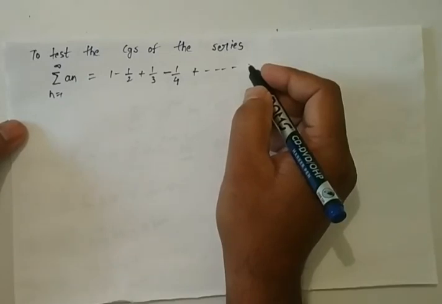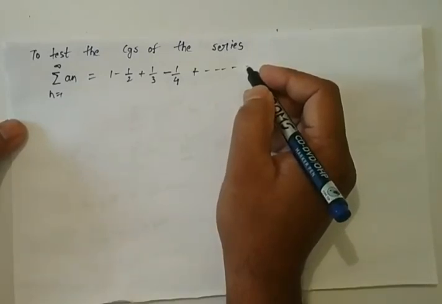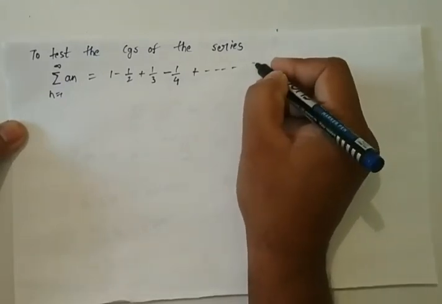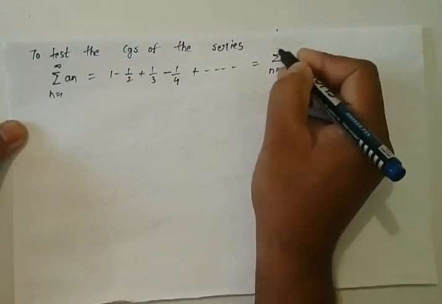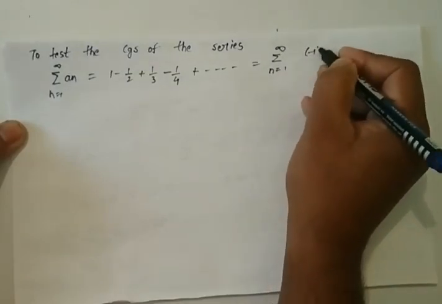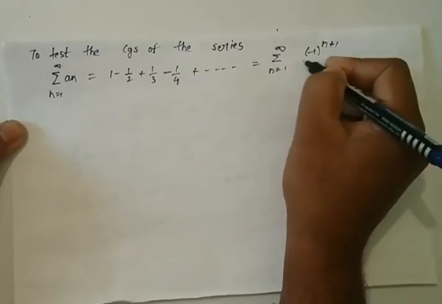Here the given series can be written in the form summation n equal to 1 to infinity of minus 1 whole power n plus 1 by n.